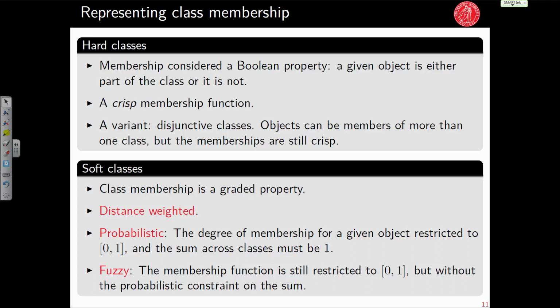Just a very quick note on how to understand the difference between probabilistic and fuzzy membership. If I say the following sentences: he is somewhat old, and he is probably old. When I say he is somewhat old, I mean that I met a person, I talked to him, and he is old, but to some degree. That's fuzzy, because he's a somewhat prototypical member of the class of old people.